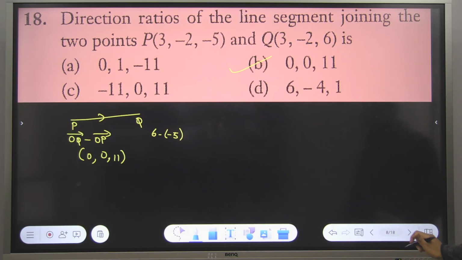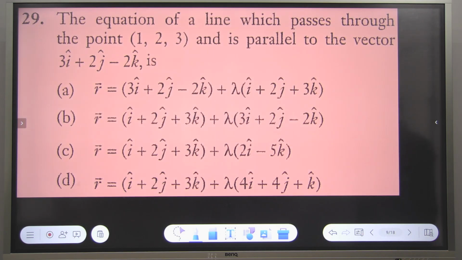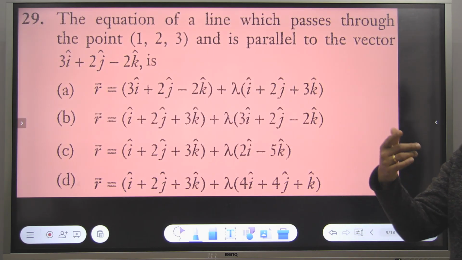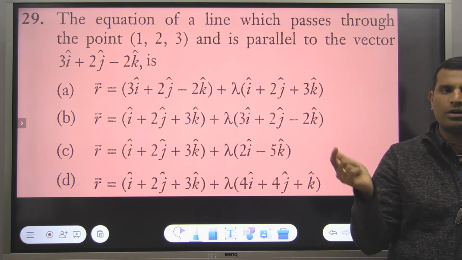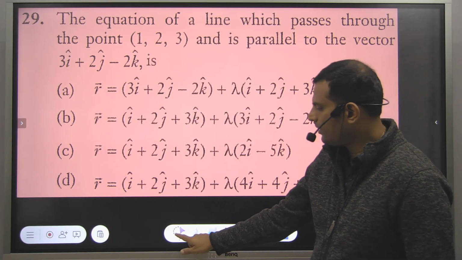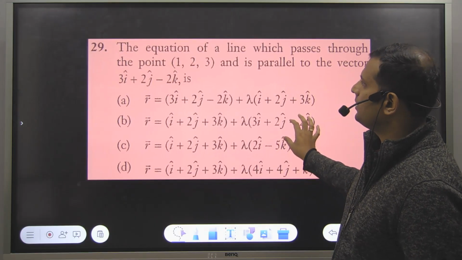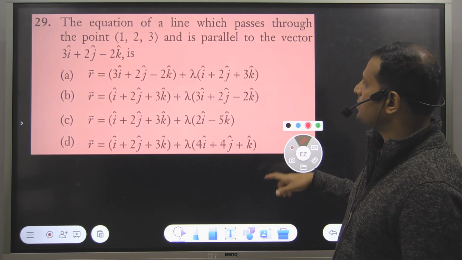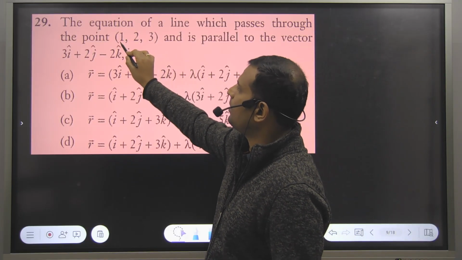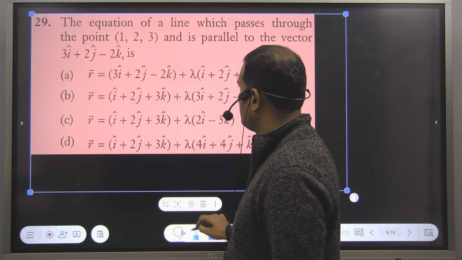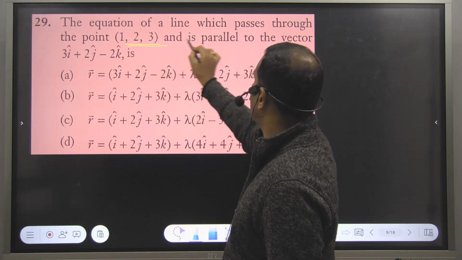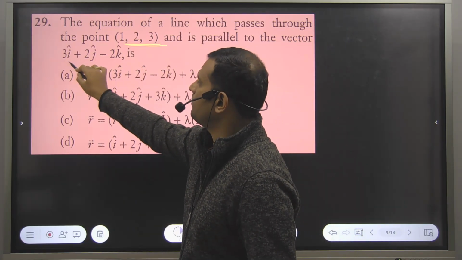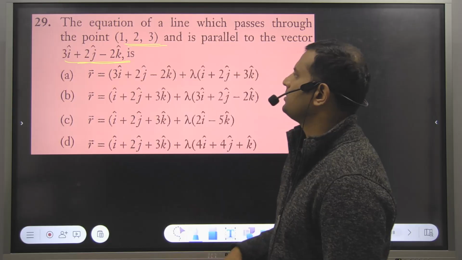Okay, I will not give any time to write down here, this is very simple. Everyone use the poll, direct formula. I want everyone to answer this. They are telling the line passes through a fixed point 1, 2, 3, and it is parallel to this vector.